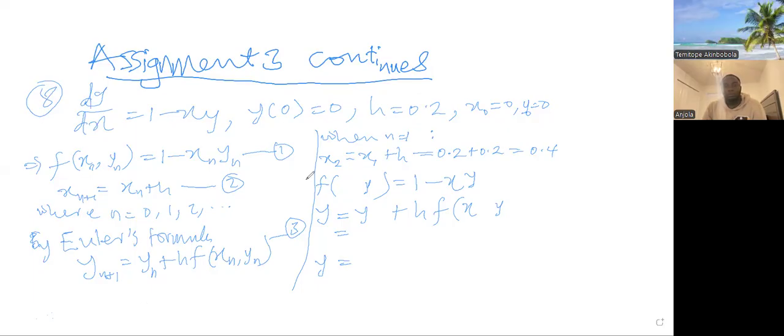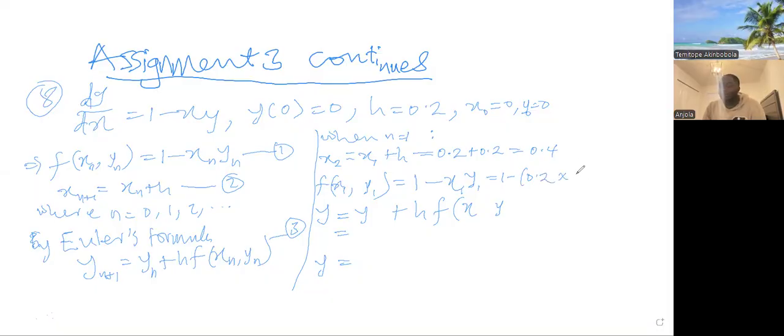So f of xn, yn will now be f of x1, y1. So let's now substitute. That will be 1 minus x1 times y1. Our x1 is 0.2.